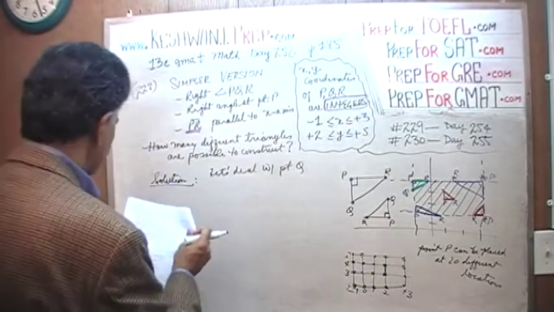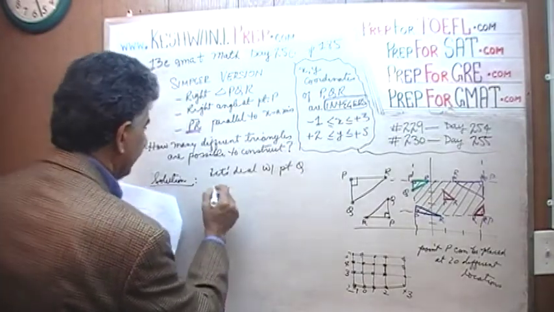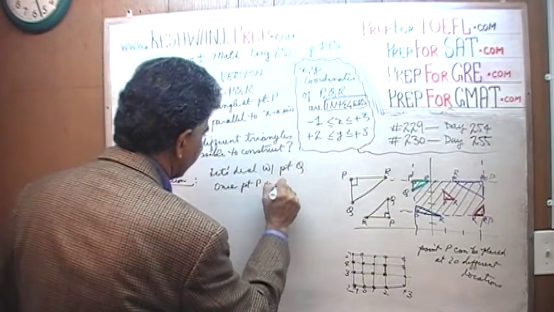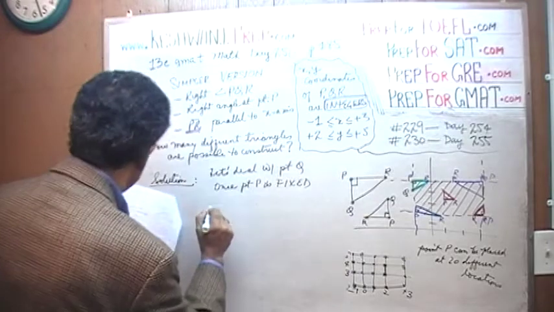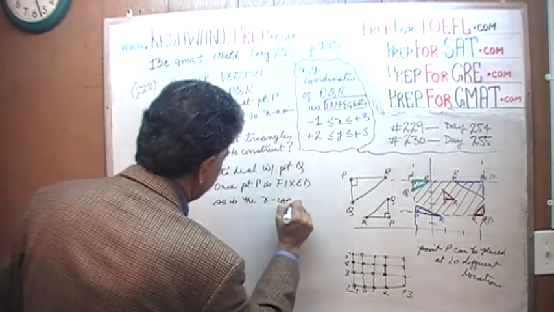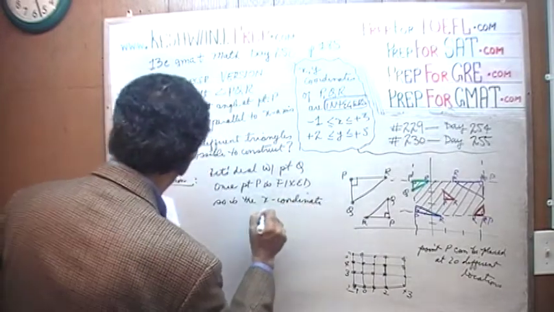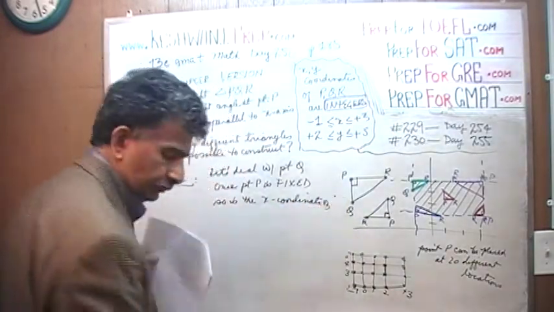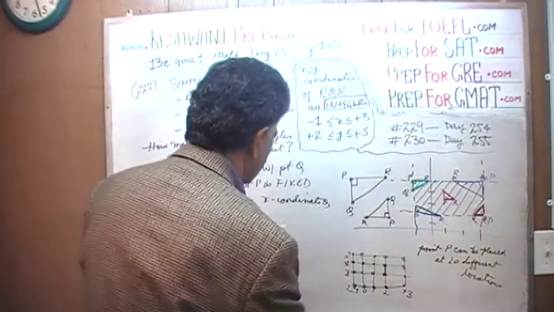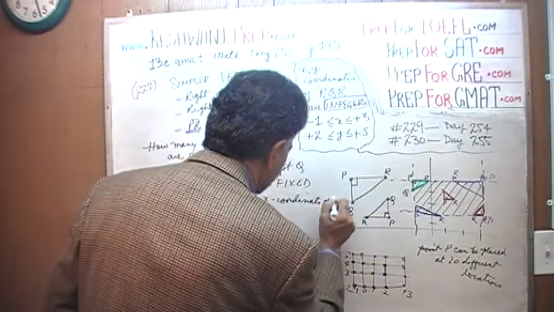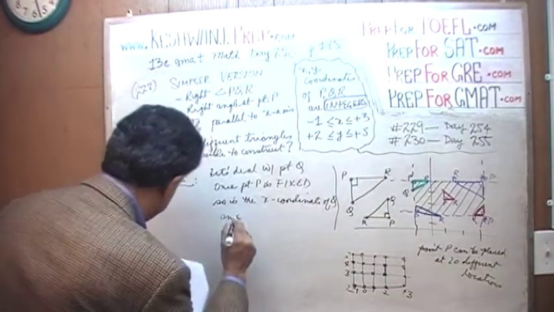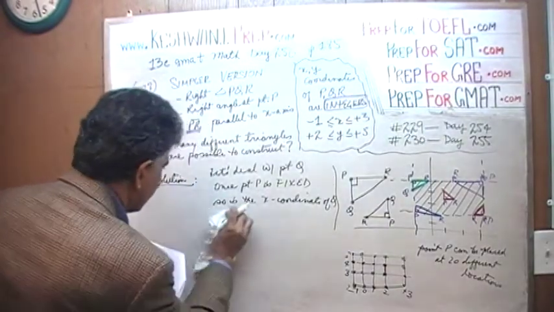Therefore, once the point P is fixed, so is the x coordinate of Q. And what about the y coordinate?